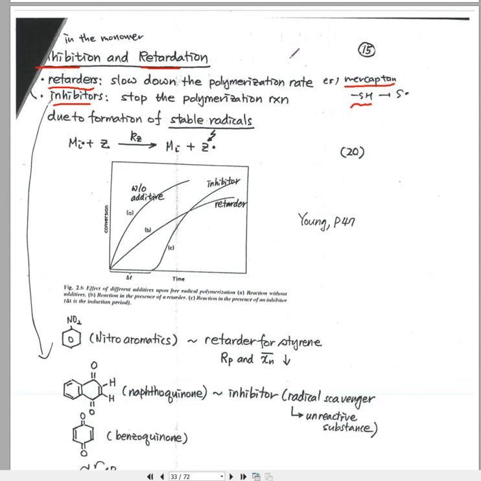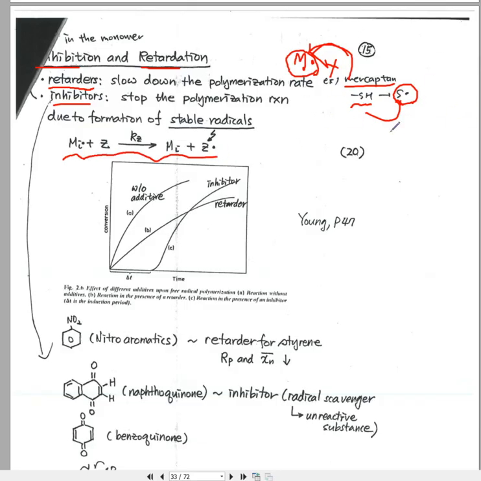If there is a radical, this mercaptan reacts with the radical and gives one hydrogen to the monomer radical, basically removing this radical, and the mercaptan becomes a radical. This makes the monomers unreactive, and this S radical is much more stable compared to the monomer radical. The mechanism is shown here.